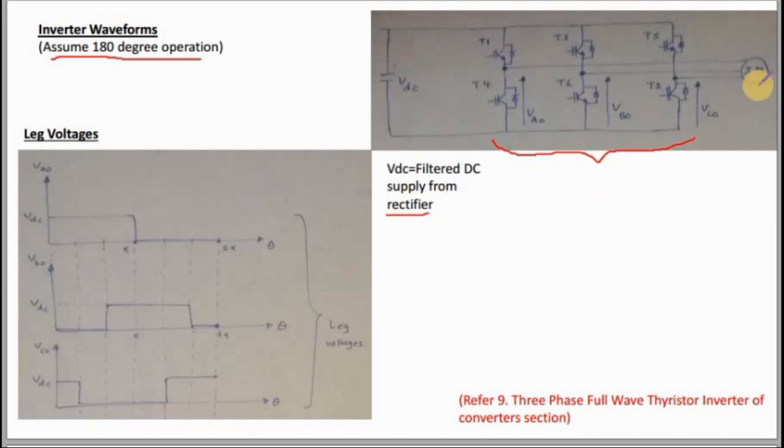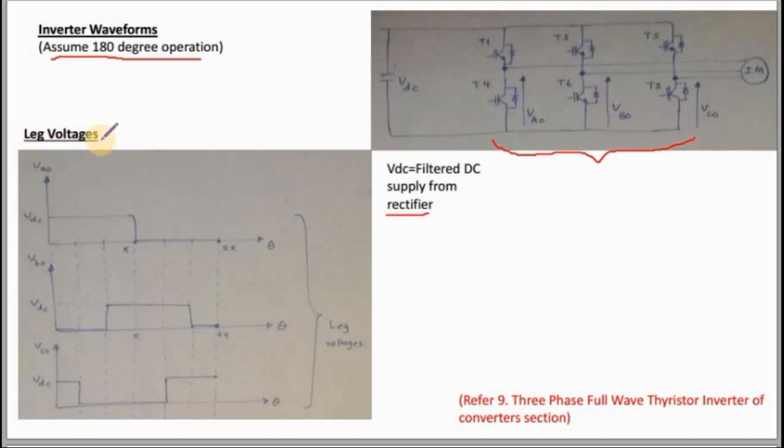Here you can see the induction motor. This is leg A, this is leg B, and this is leg C. Voltage from here to here is VAO, this is VBO, this is VCO.